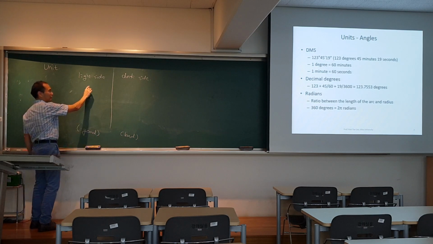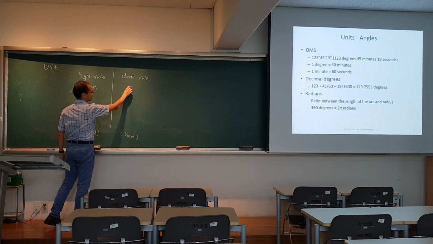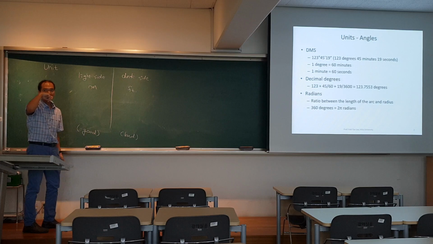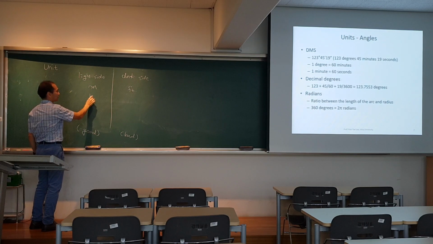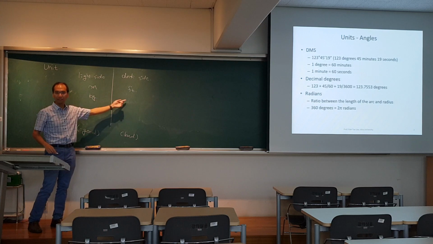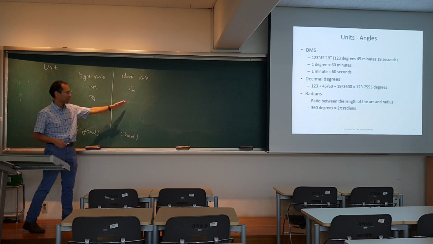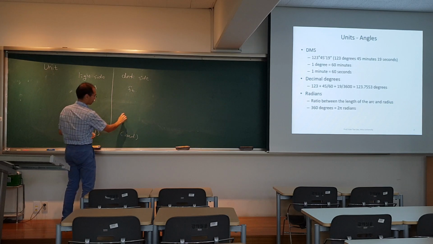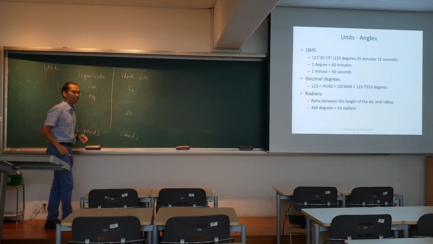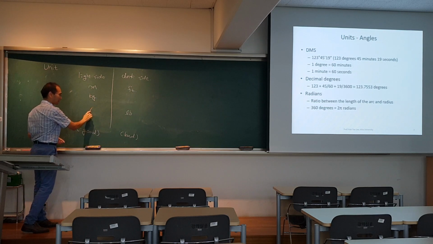Here we use meters; in the dark side, they use feet. We use kilogram; the dark side, you don't even know what they use. Now, in the dark side, they use pound. And here, we use Newton.